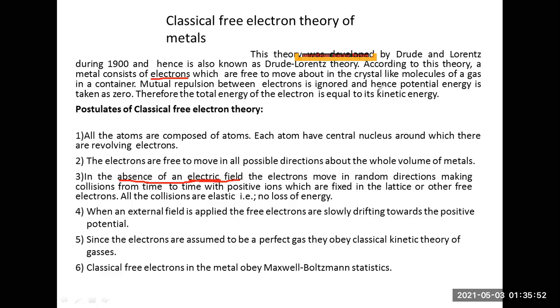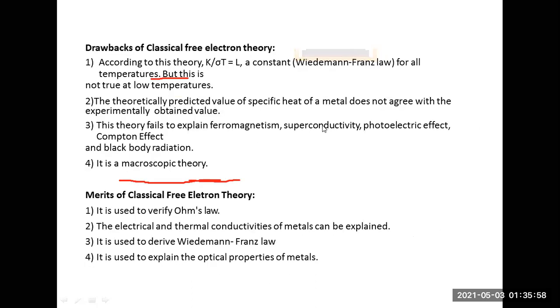These are all the assumptions made by Drude and Lorentz. So what are the different merits and demerits of this classical free electron theory?